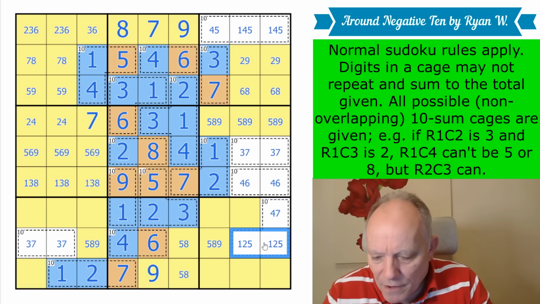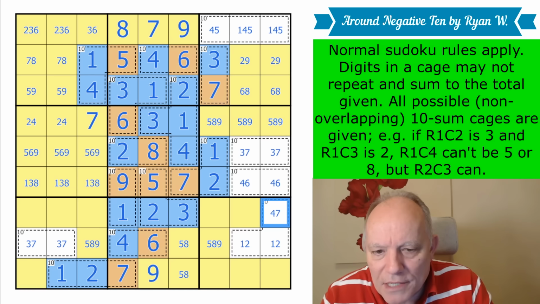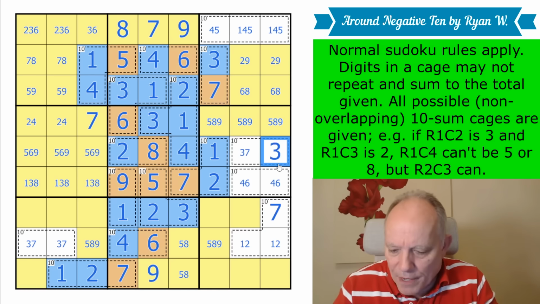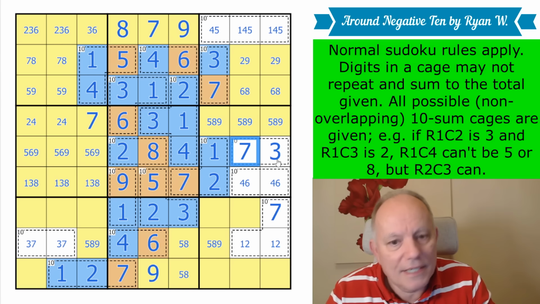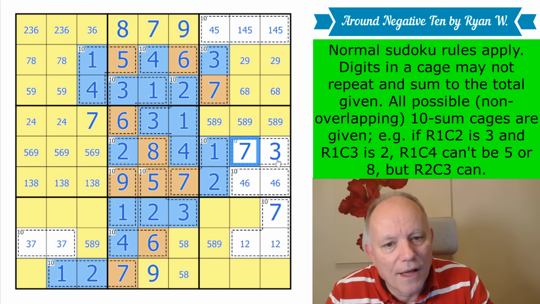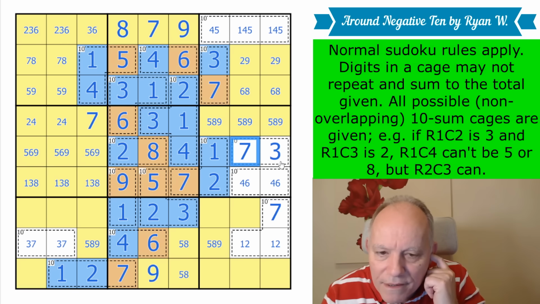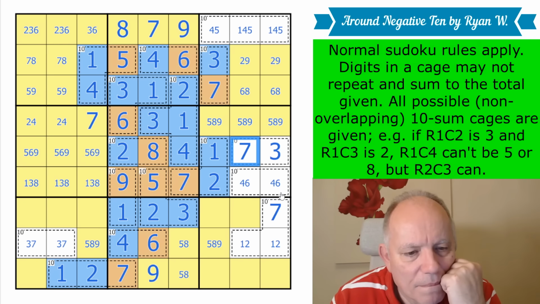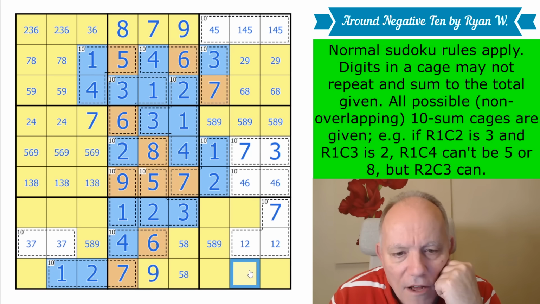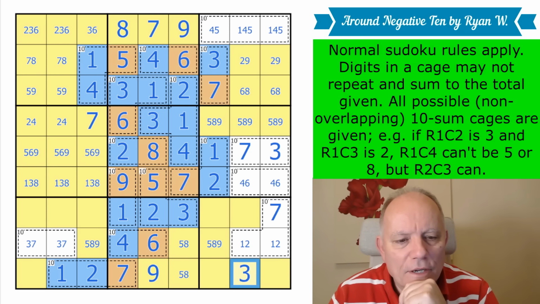They must go in those cells. So that's a 7. Right, this might do something. We get 3, 7 there. It didn't do a lot. Oh, that's annoying. I thought that was a big breakthrough moment. I've placed 3 in the bottom row. It's got to be here.